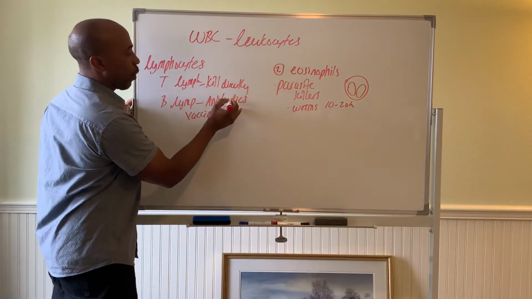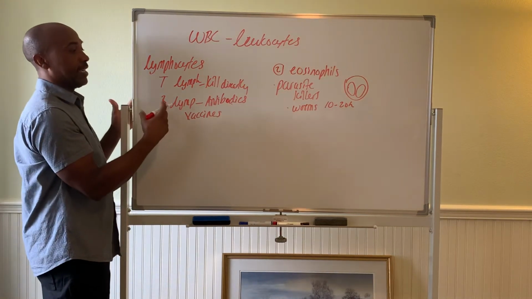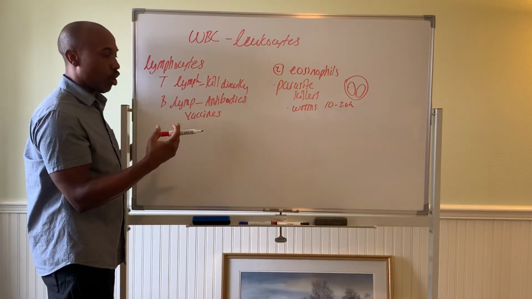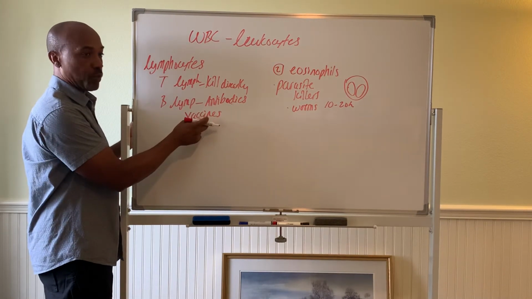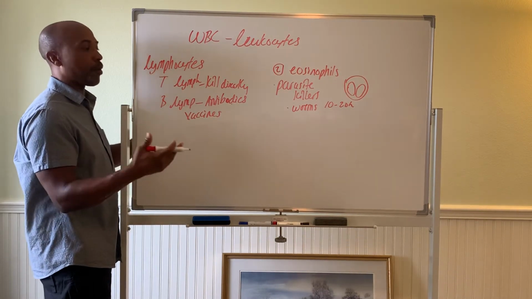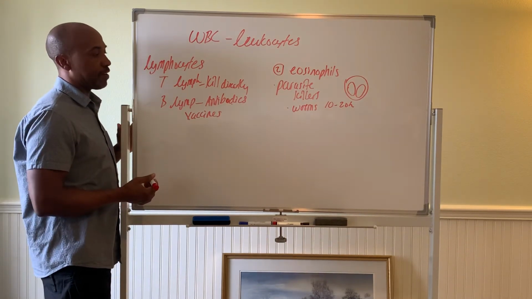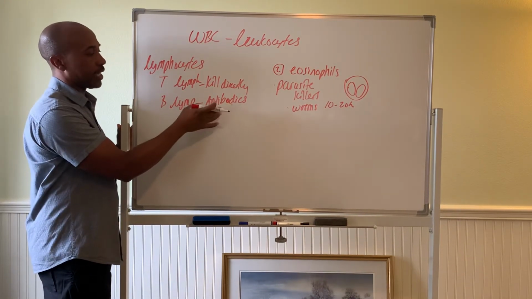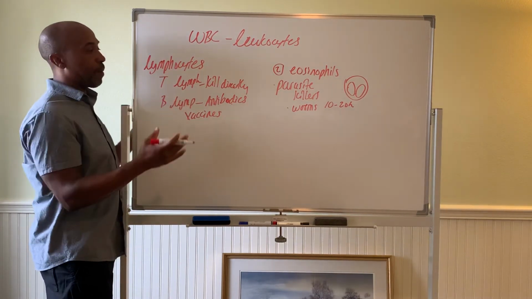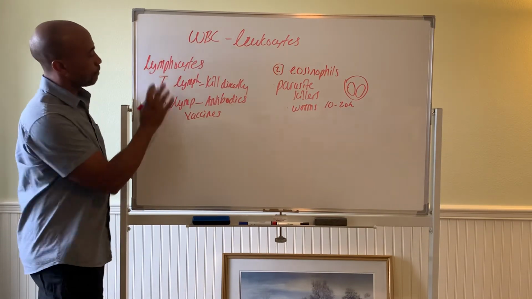In fact, part of what's going on right now with COVID is we're trying to get a vaccine for it, so we can force your body to make the proper amount of antibodies to fight off the virus once you get infected. But that takes a while, about a year or so to get developed. It's part of the issue that COVID is so new to us that we're scrambling to find ways to deal with it before it overwhelms us.